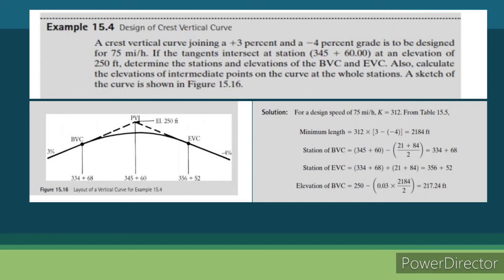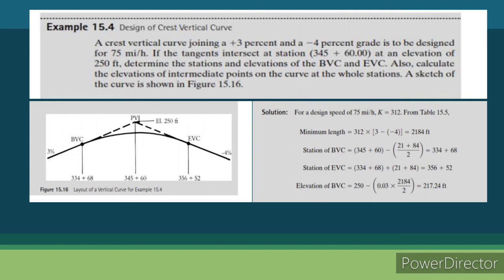In this problem, as you observe, the first grade is positive and the second grade is negative, so the vertical curve is sketched as a crest, as shown in the figure. First, to solve this problem, we need to find the value of k for the design speed of 75 miles per hour. In the table, the value of k for 75 miles per hour is equal to 312 feet.